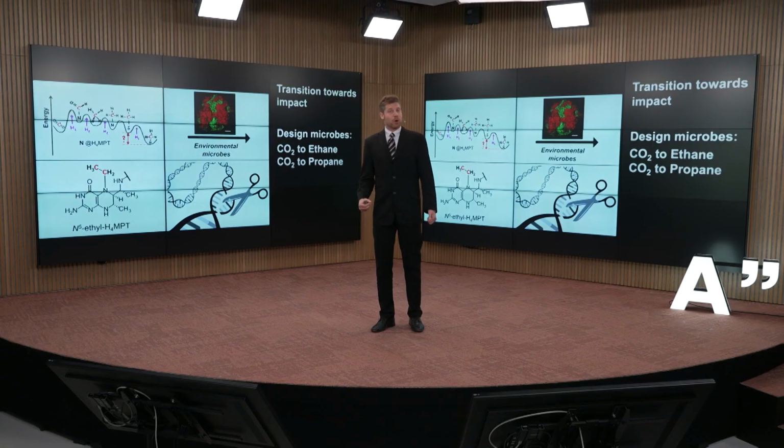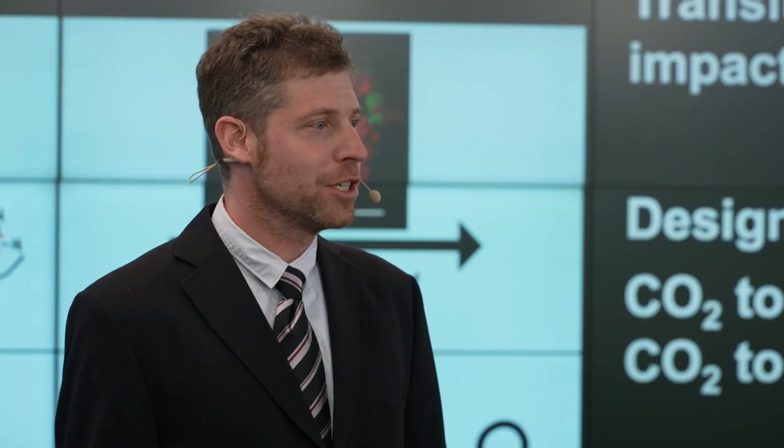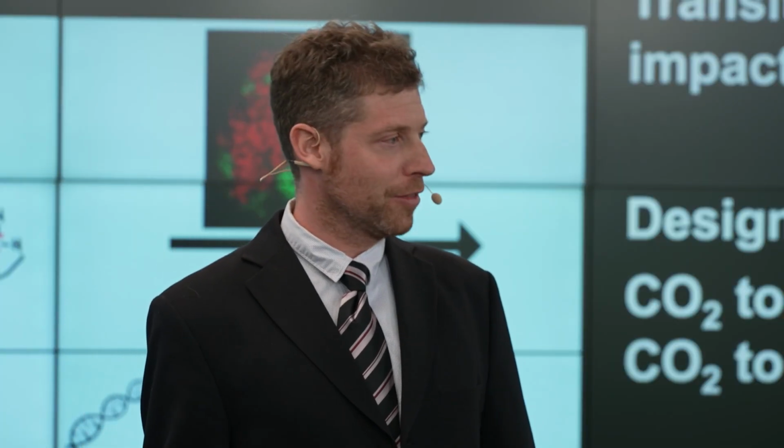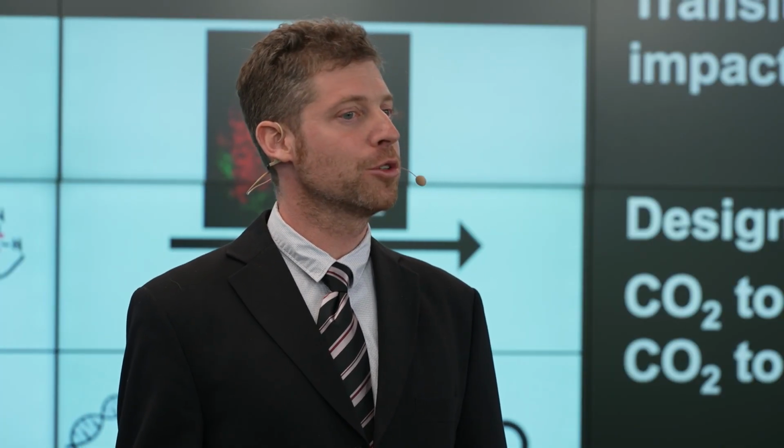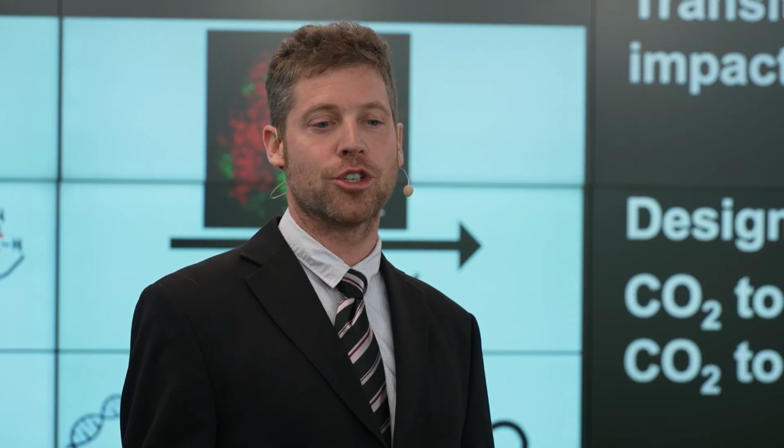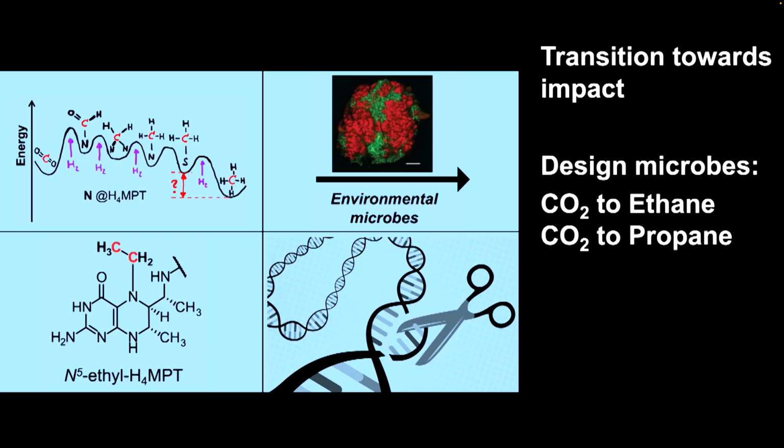Now, the purpose of Aalto University is to shape a sustainable future. This means we are not only doing fundamental research, but we want to translate the research into impact. Here I have summarized the research areas that we are doing. We want to use the metabolism of methanogens.